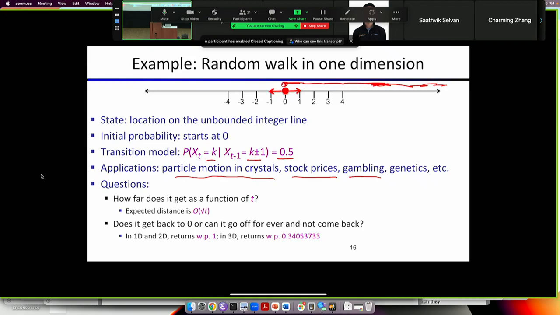But at time 2, I can get back if I go forward and then back, or back and then forward. So I can calculate the probability I get back to 0 at time 2, and then at time 3, and then at time 4, and so on. And there's a recurrence relation between all these probabilities. So you can actually write down that series and sum it and figure out what it sums to.